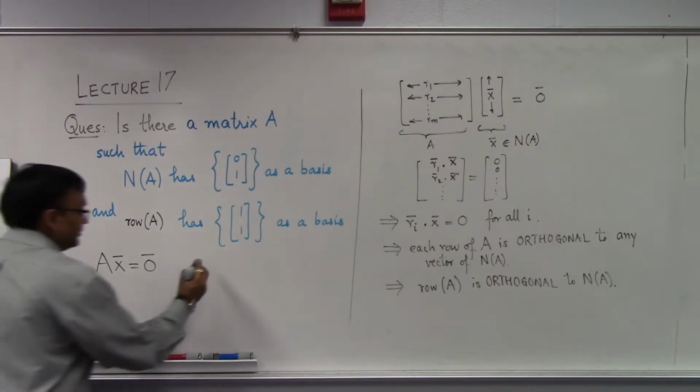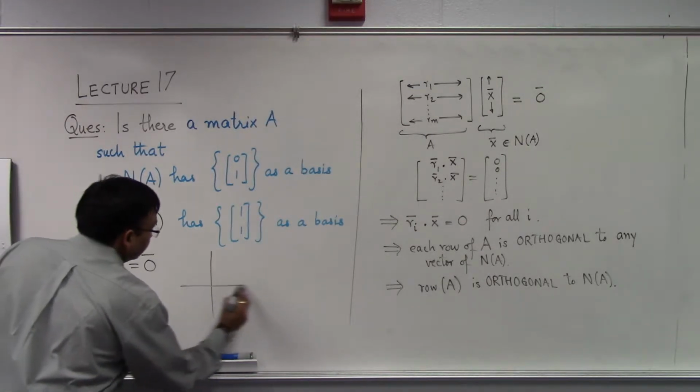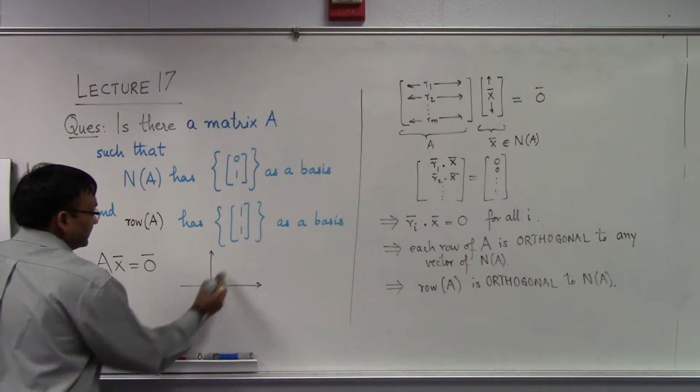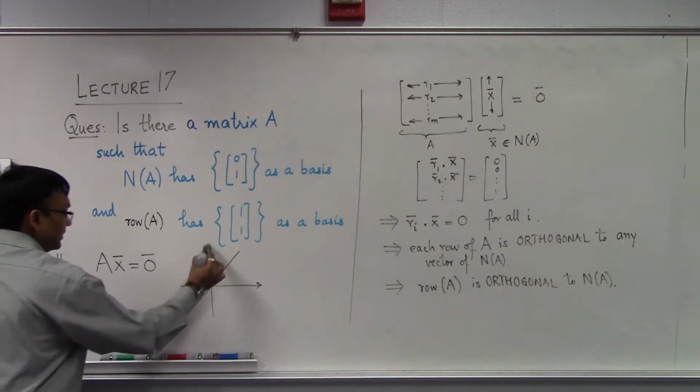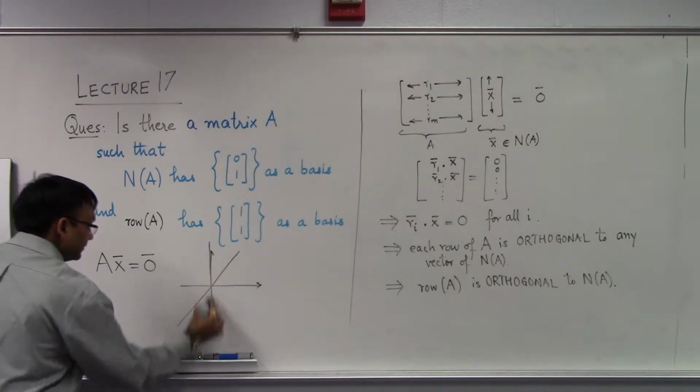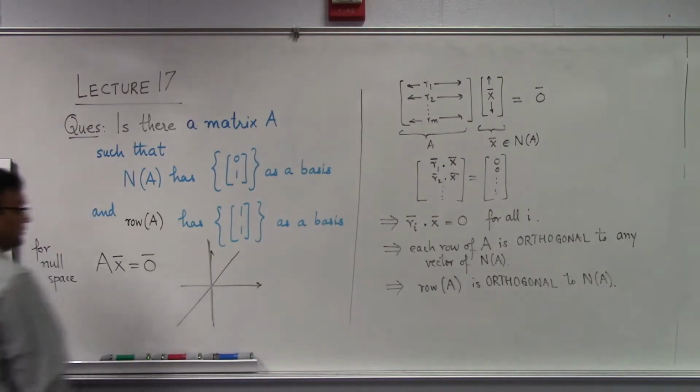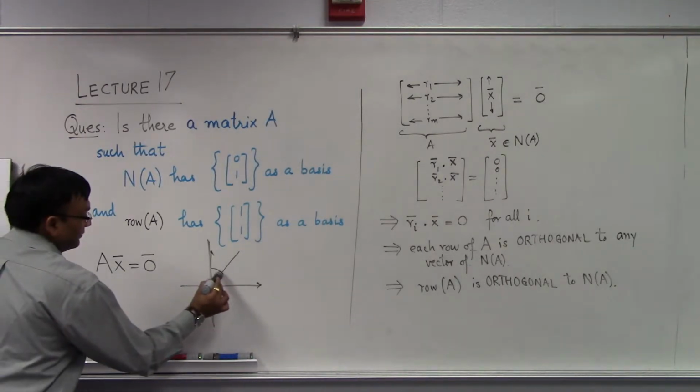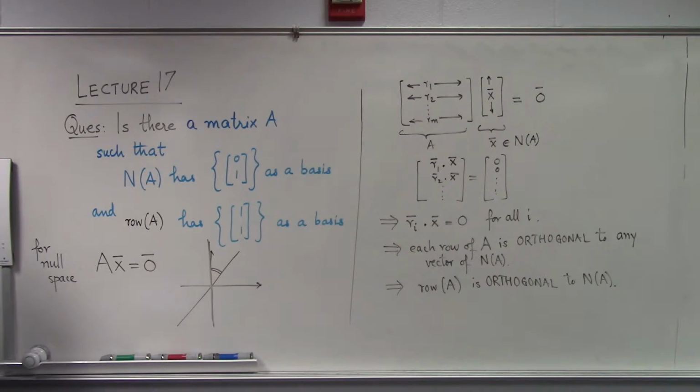So in terms of geometry, if somebody says, can you find me a linear transformation such that this is the row space and this is the null space, it is not possible because the angle between these two spaces is not 90 degrees. Okay? This is a nice relation which is of advantage to us.